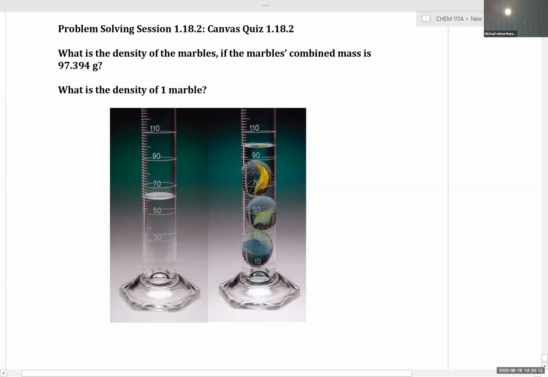And the second part of this question, don't overthink it too much, and try to recall what kind of property density is.